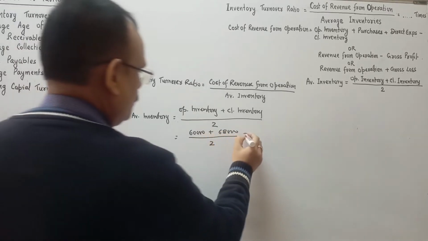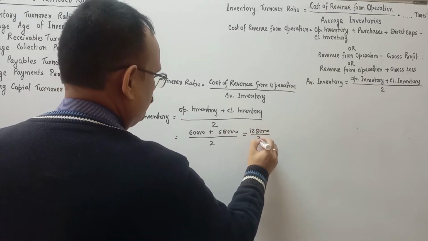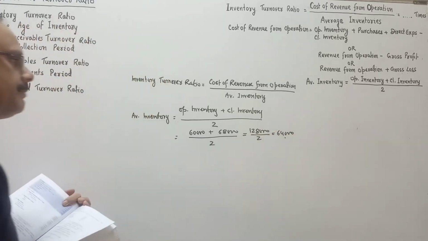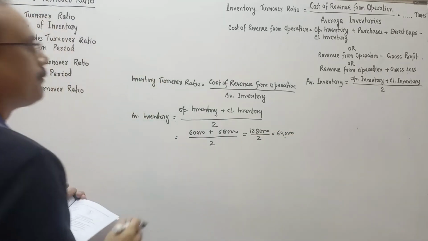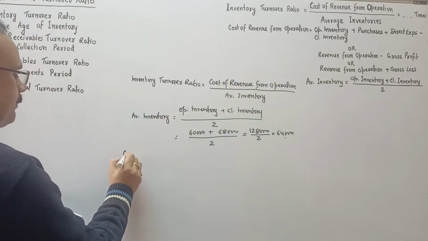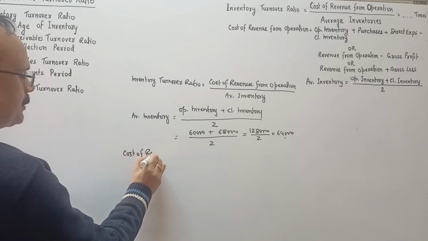So it's 1,28,000 upon 2. It means 64,000 is the average inventory. Thereafter we will find out the cost of revenue from operation from the given information. Cost of revenue from operation.